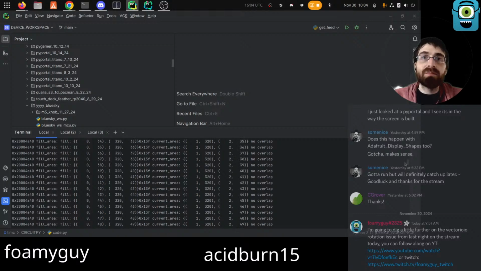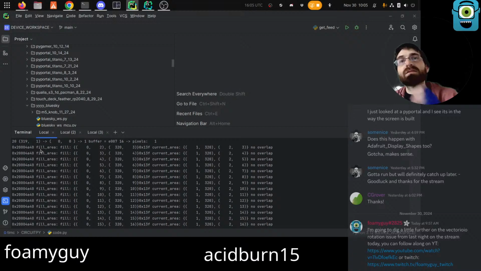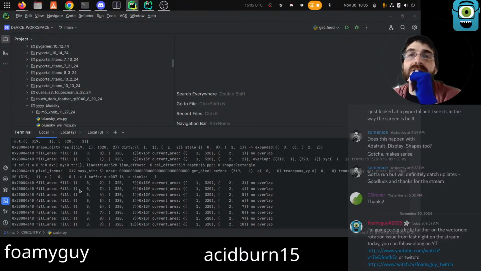Especially for a 1 by 1, it's curious how many times this gets called for our current example, which is just a 1 by 1 pixel.